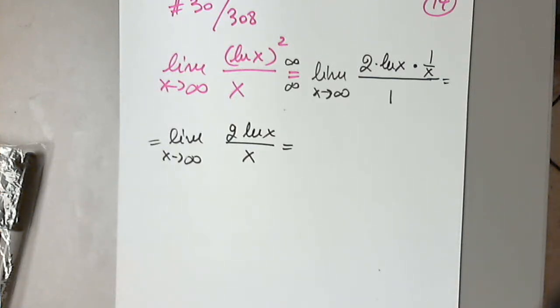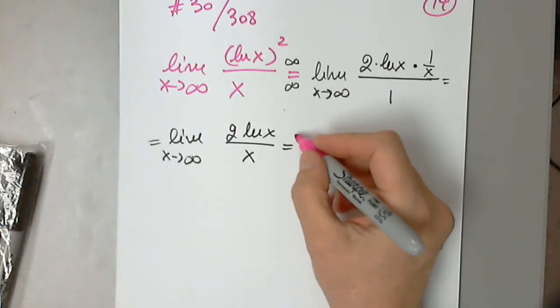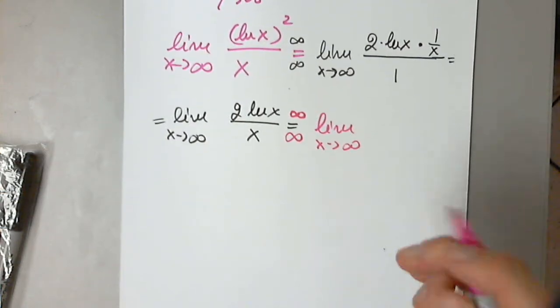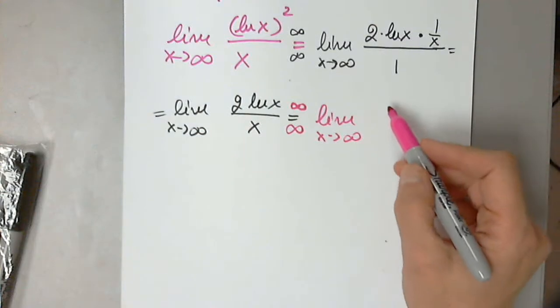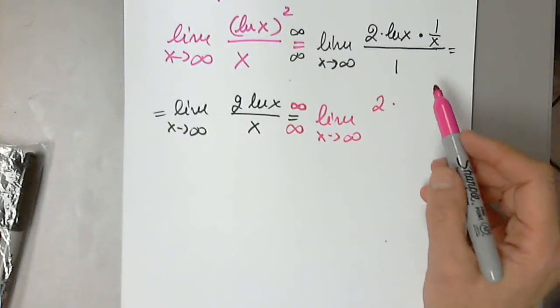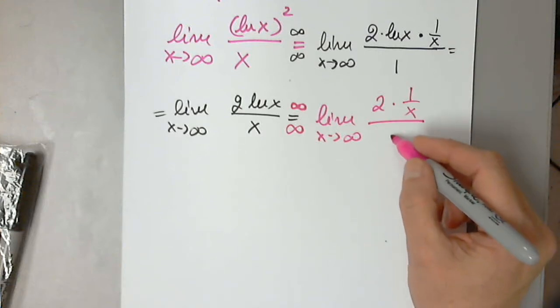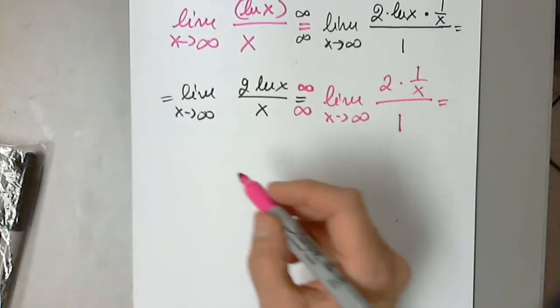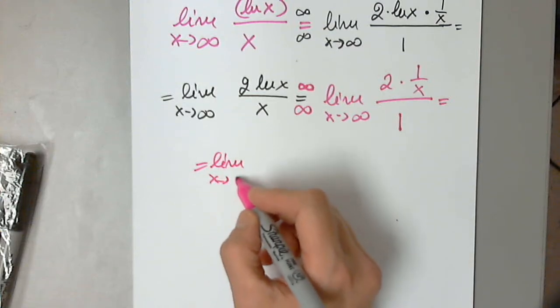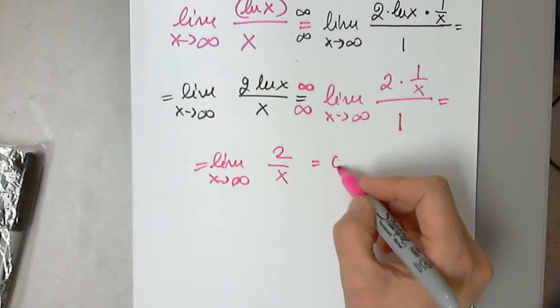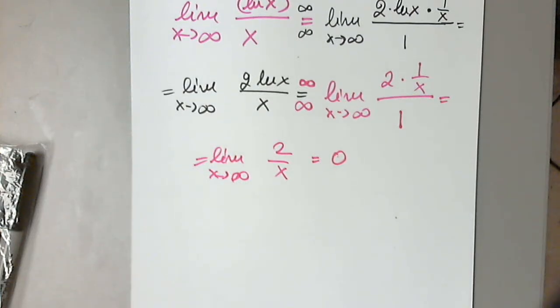I plug it in, what do I get? So then limit as x approaches infinity, the top is 2 times 1 over x. The denominator is 1. So finally we have limit as x approaches infinity from 2 over x, which is 0. I don't think you would have expected that.